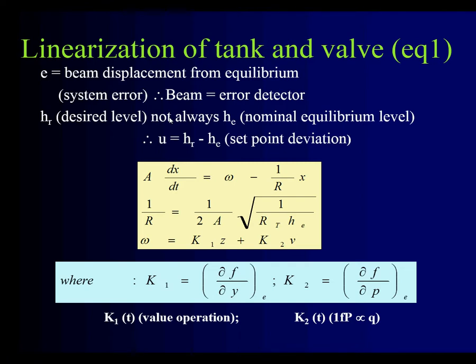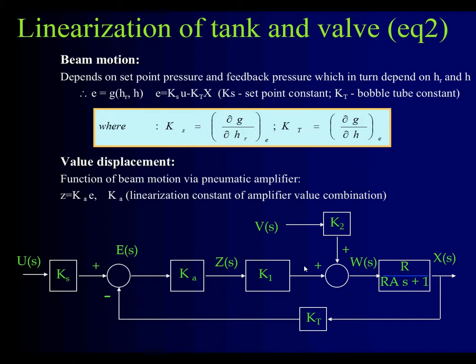Okay, so in here we have linearized the system, following the derivative with respect to y and x. So the motion of the beam depends on the set point pressure, and feedback pressure will in turn depend on h and r. The idea is, how do you build a control system of this? Because in a way this is a first order system, right?